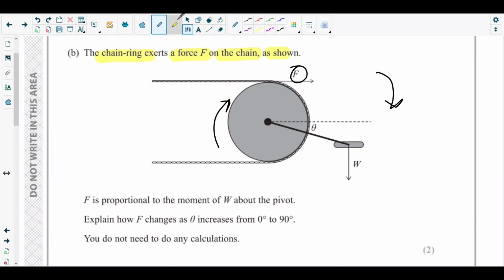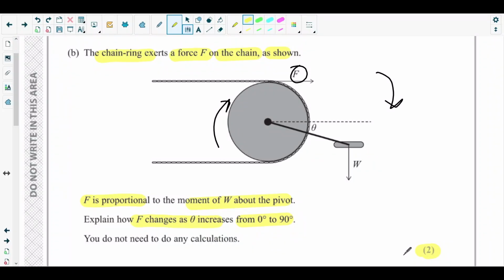So F is proportional to the moment of W about the pivot. The force F, it is dependent on the moment of W about the pivot. Explain how F changes as theta increases from 0 degree to 90 degree. You do not need to do any calculations. This is for 2 marks. Okay. Fine.